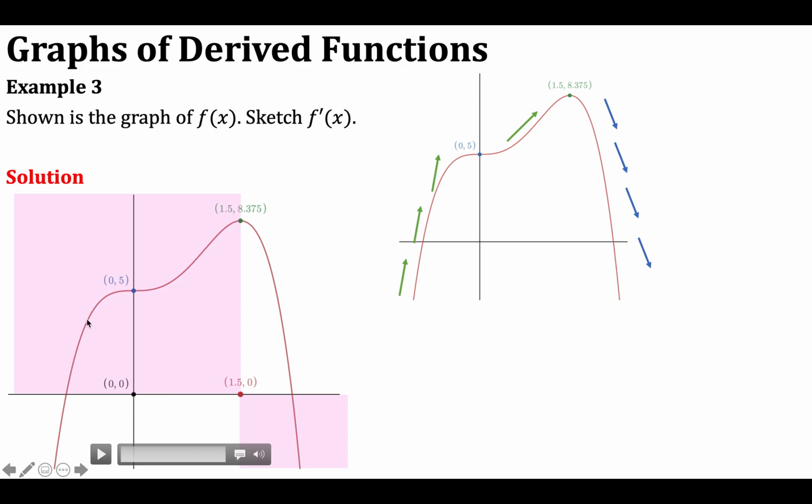So we need to have a minimum here, and then we'll see the curve coming back down, and it will go through the point (1.5, 0) and down into this shaded area here. So we will have a cubic. We started off with a quartic, and we now have a cubic with two stationary points.